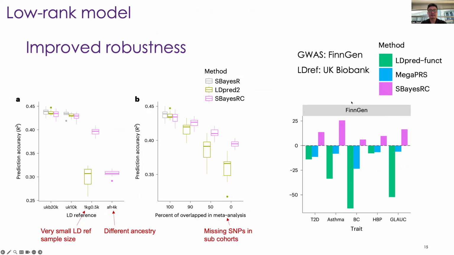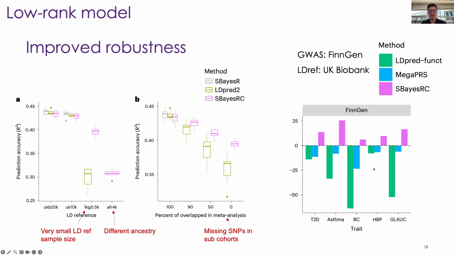And also, we tested the methods using the FinnGen GWAS data, where the LD reference is from the UK Biobank. As FinnGen is a relatively isolated population, there is an LD difference between the FinnGen dataset and the UK Biobank European ancestry.